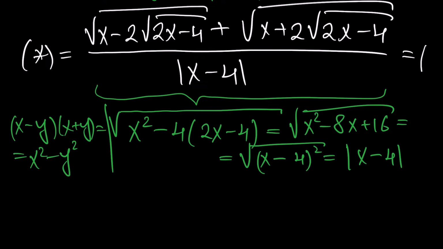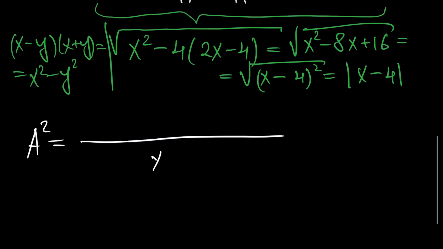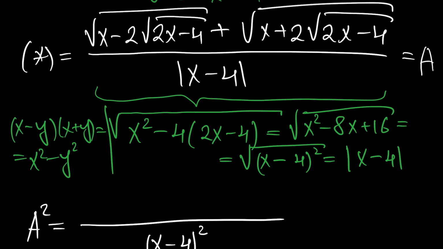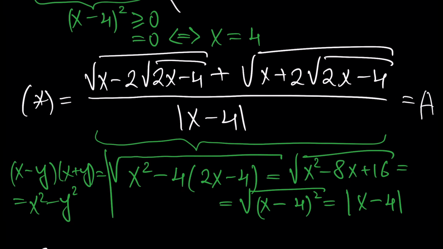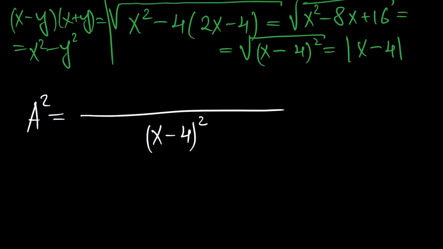Next, since this expression is equal to A, let's square both sides, the right side and the left side, and we will have A squared equal to x minus 4 squared in the denominator, and in the numerator we will have this squared plus 2 times this times this plus this squared. We use the formula a plus b squared equals a squared plus 2ab plus b squared.